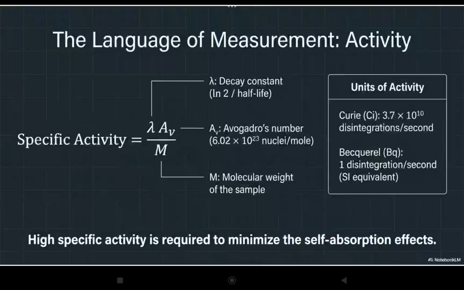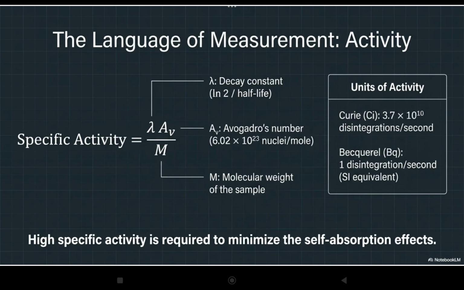To discuss radioactive sources properly, we need a common language for measurement, and one of the key quantities is activity. Specific activity describes activity per unit mass, and it depends on the decay constant, Avogadro's number, and the molecular weight of the sample.